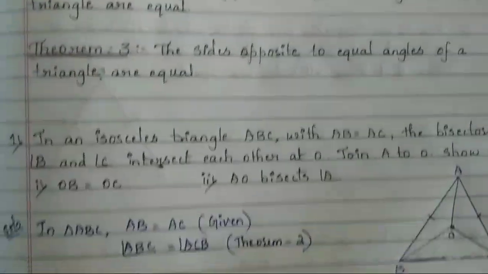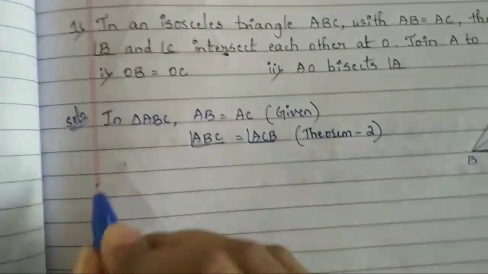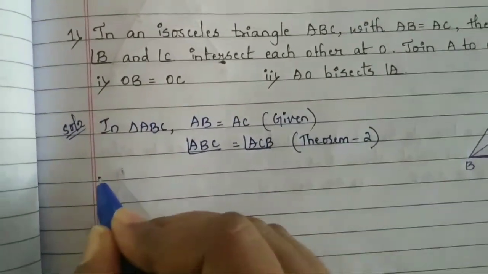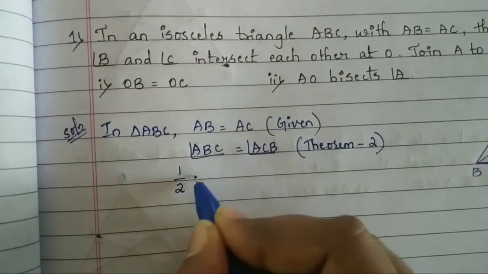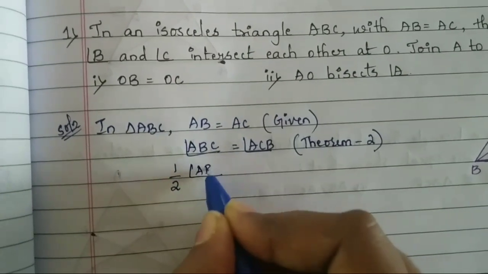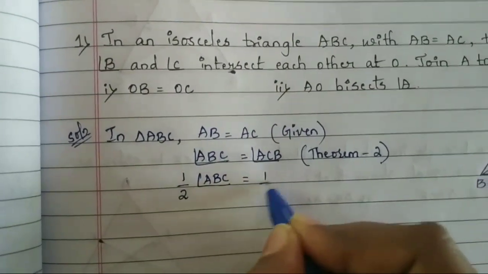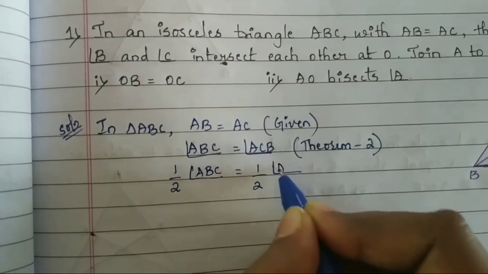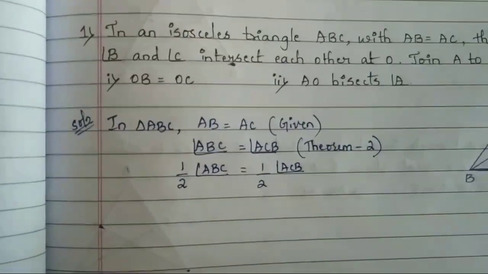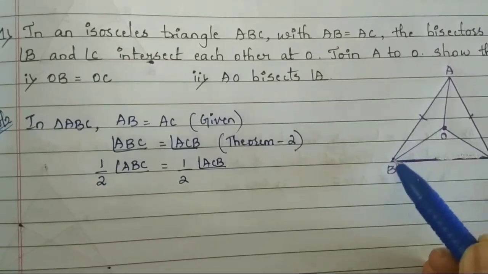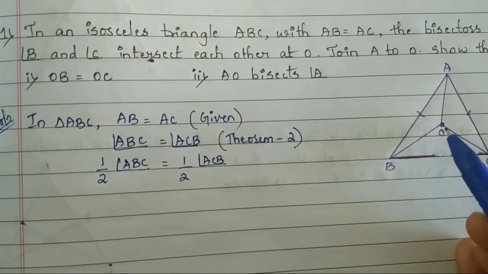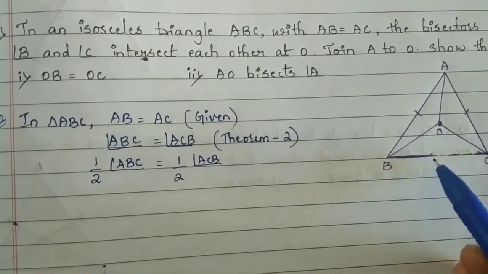Okay, so next we are going to multiply by half on both the sides. So we will get half of angle ABC is equal to half of angle ACB. When we take the half of this angle, half of ABC, we will get OBC, half of this angle.